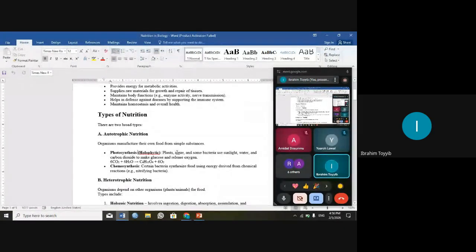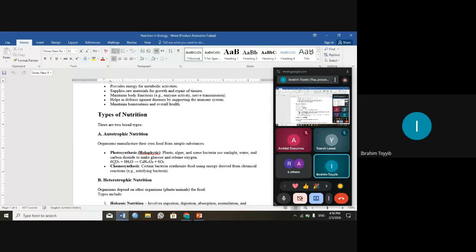Now, plants, algae, and some bacteria use sunlight, water, and carbon dioxide to make glucose and release oxygen as a byproduct. And therefore, the equation for photosynthesis will now give us CO2 from human beings, because human beings breathe out CO2 through our lungs. That's one of the excretory products.